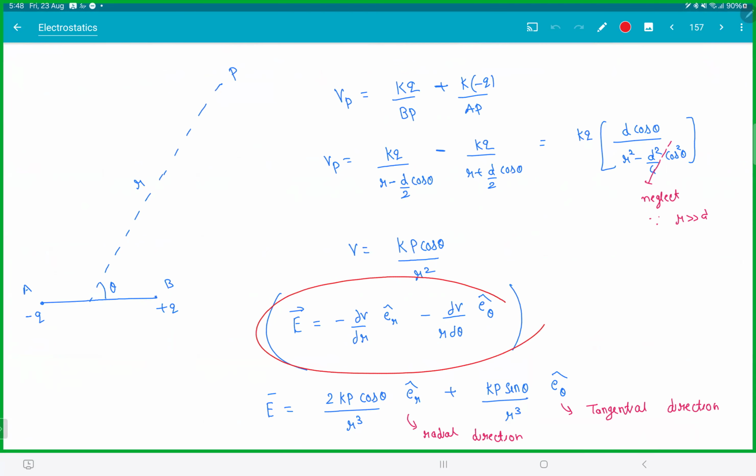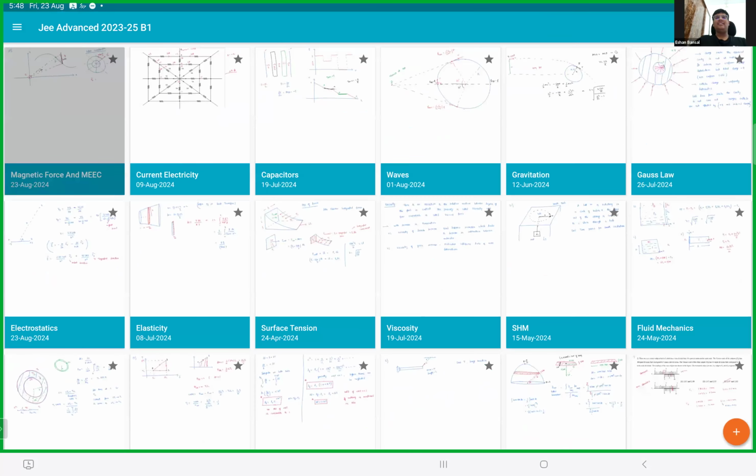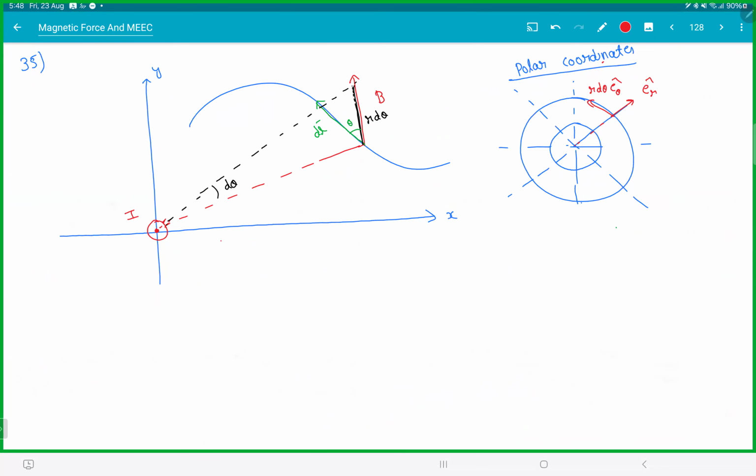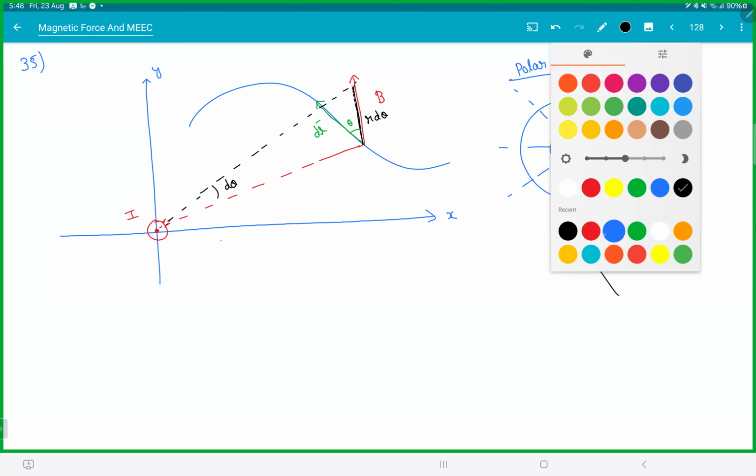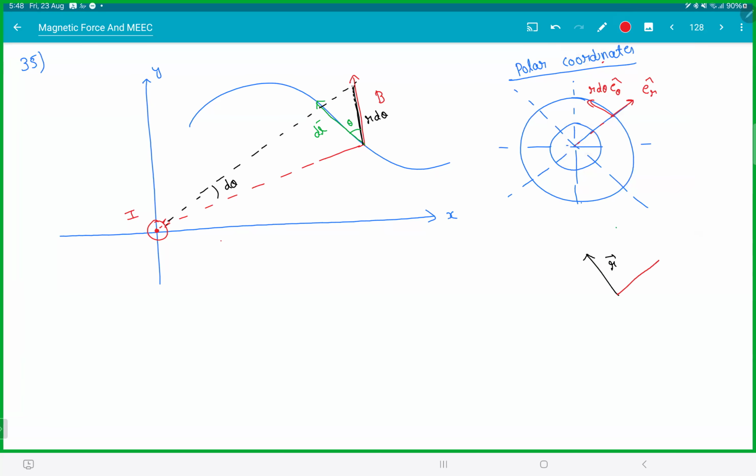Here. Remember radial direction, tangential direction. This is the differentiation of polar coordinates. So basically, whenever you have a vector, anything, you can represent this into two pieces. If you have a vector here, something like that, this can be written into two pieces.